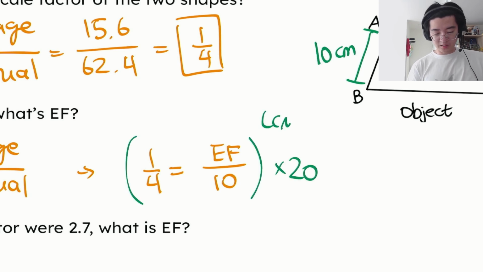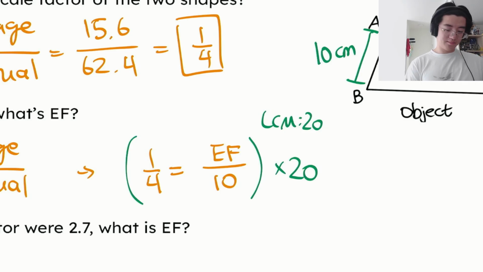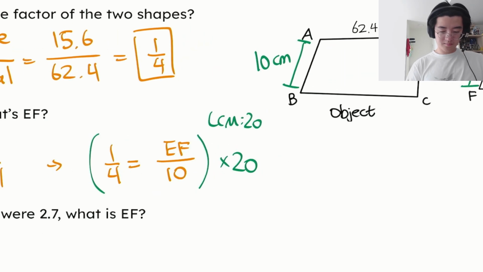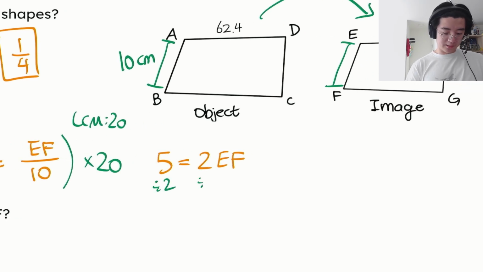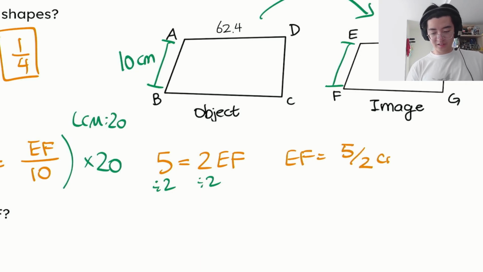The lowest common multiple between 4 and 10 is 20. So 4 gets reduced to 1 over 5, and 10 gets reduced to 1 and 2. So 2 times EF equals 5, and from there we just divide both sides by 2. EF is 5 over 2, of course centimeters.